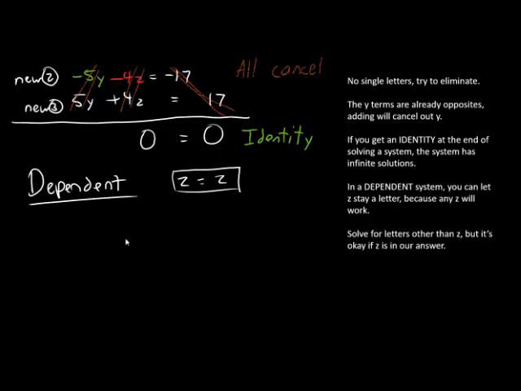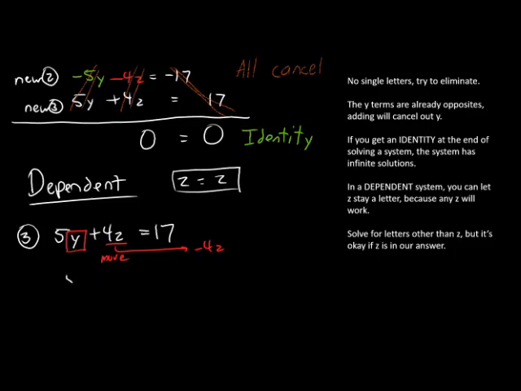So what we'll do is go to our new line 3 and recall line 3 said that 5y plus 4z equals 17. Now, since we can't solve for z, we'll solve for y instead. This 4z that's on the left we will have to move to the right. When we move it, it will become negative 4z.